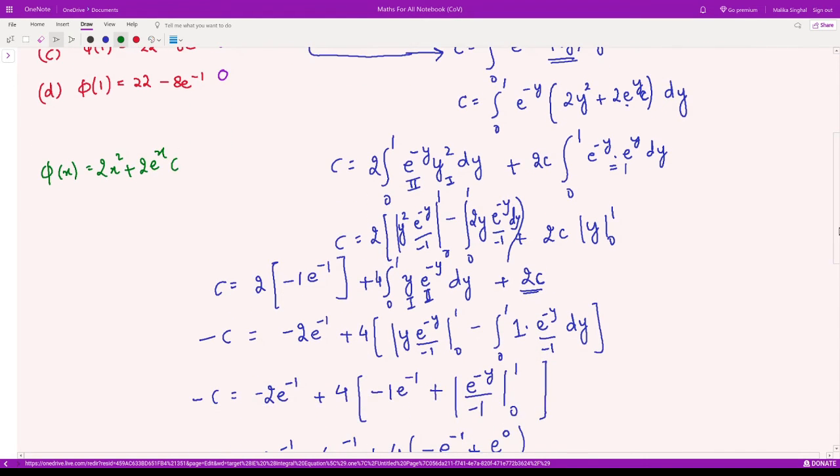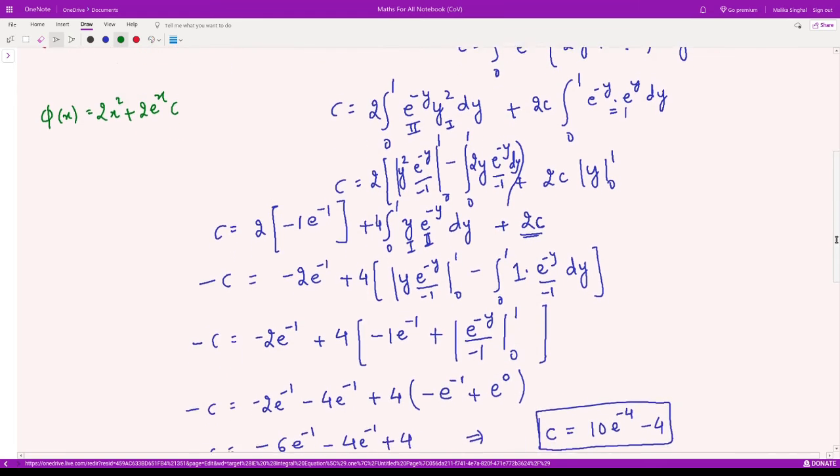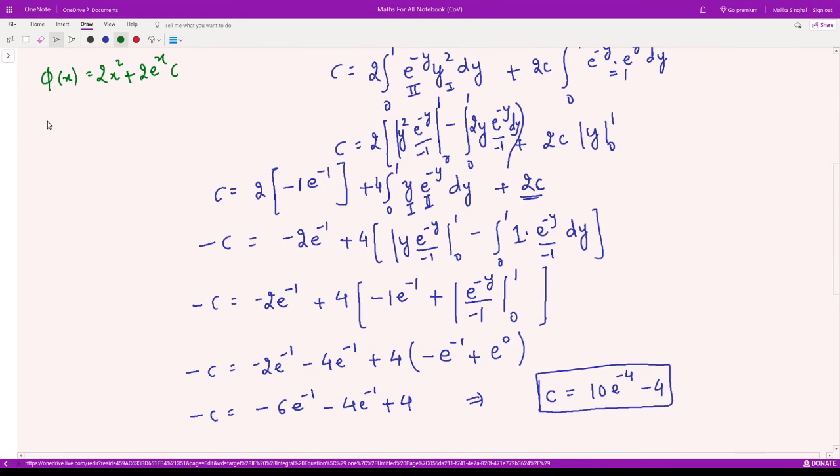And what is the value of c? It is equal to 2x square plus 2 e to the power x, c is 10 e to the power minus 1 minus 4, right? So let us solve this.